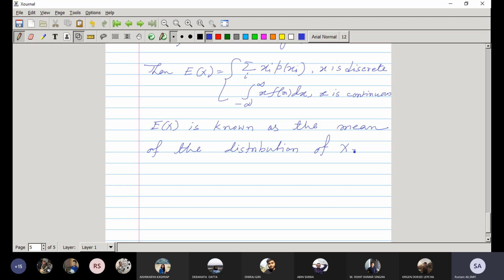So expectation of x is known as the mean of the distribution of x and is denoted by mu or m.